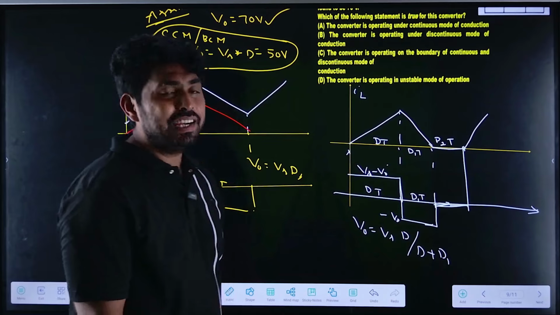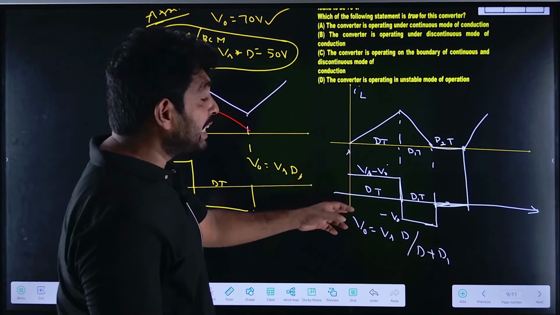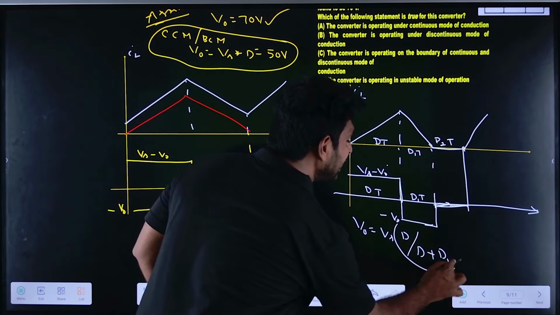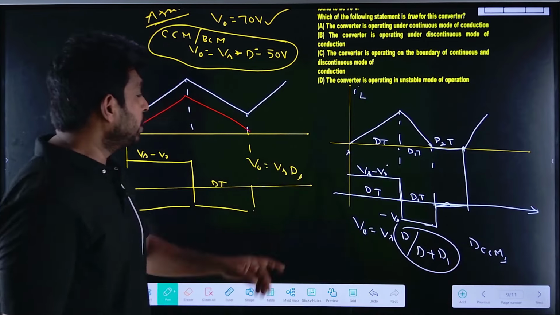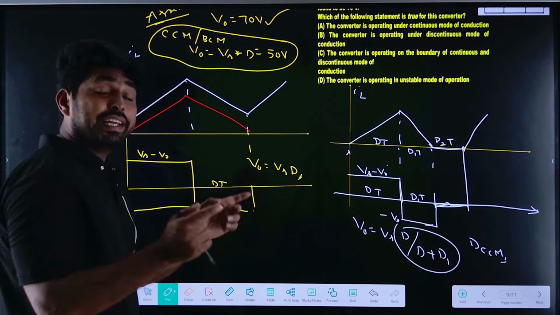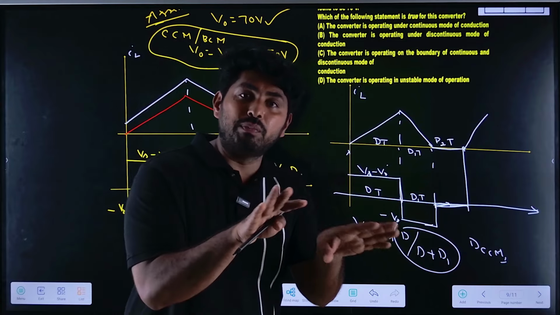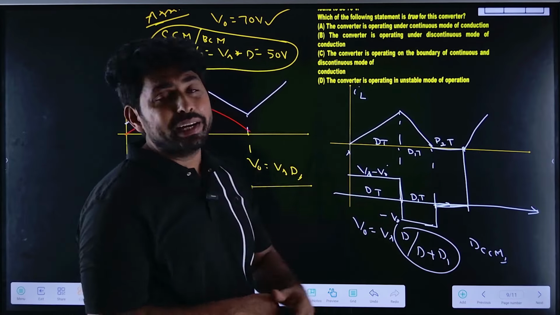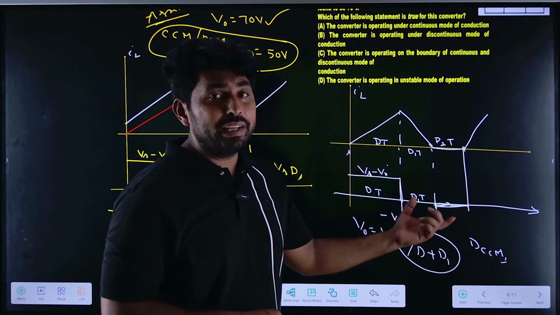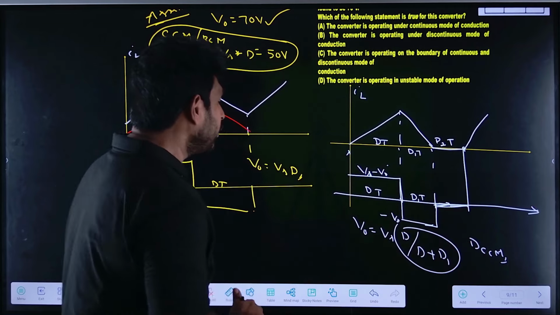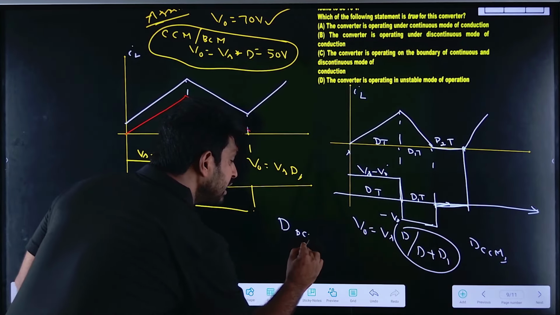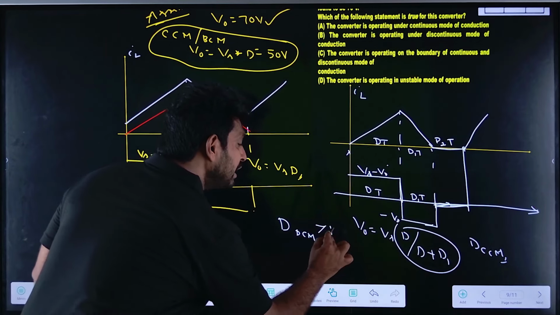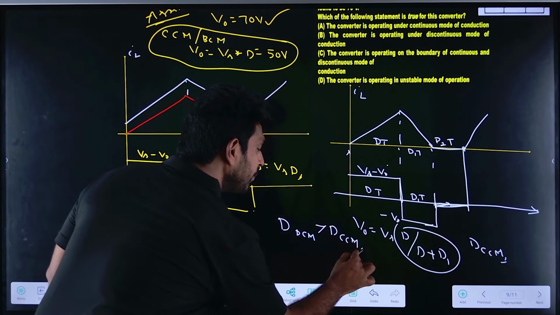Let me call this DCM, the discontinuous conduction mode. If you take the same input voltage, the net duty cycle of the discontinuous conduction mode is greater than the duty cycle of the continuous conduction mode.